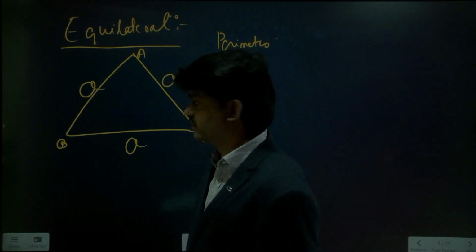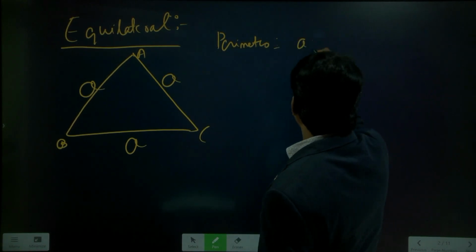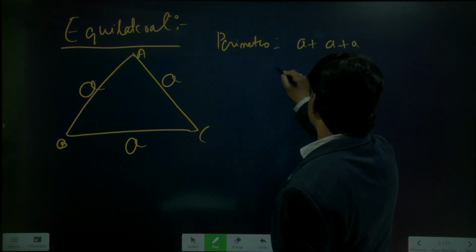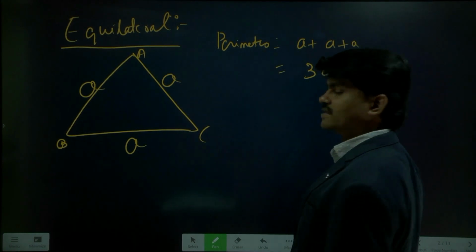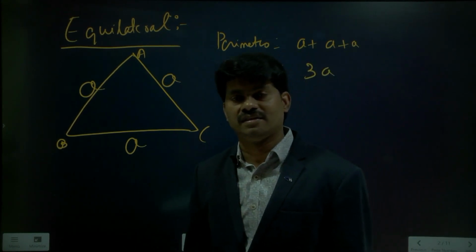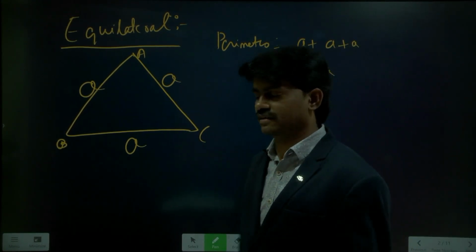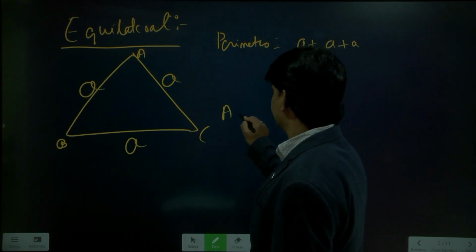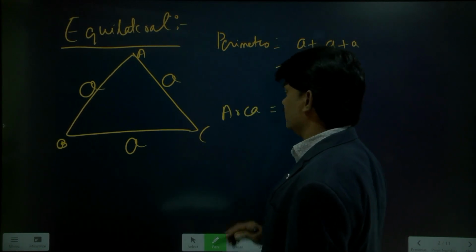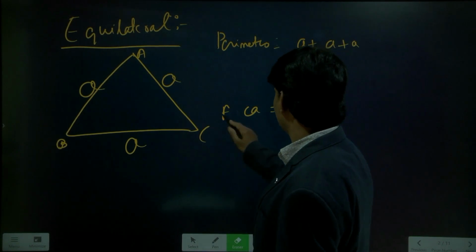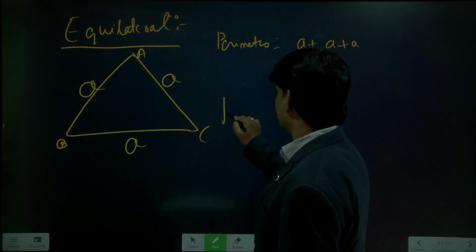Now let us see this. A plus A plus A is how much? 3A. That is the perimeter of an equilateral triangle. Now area. Before I go to the area, I would like to find the height of the equilateral triangle.